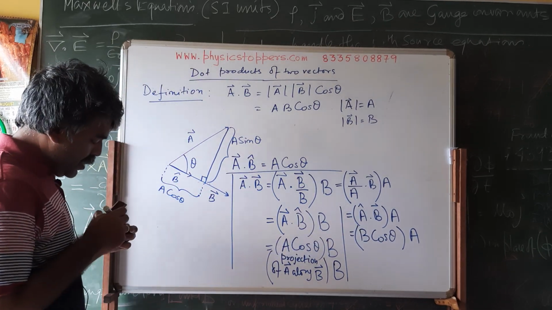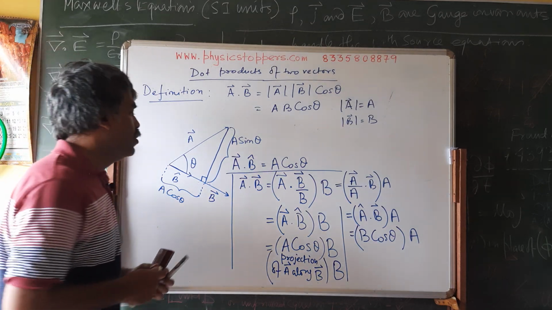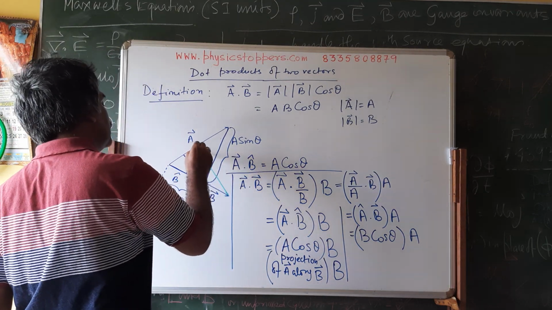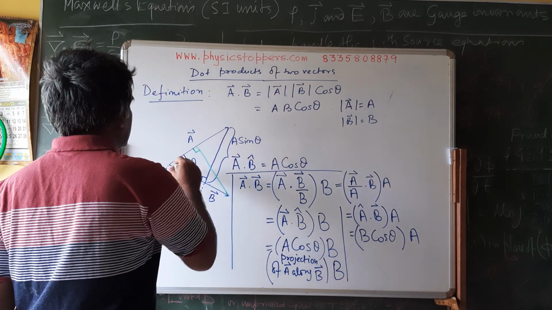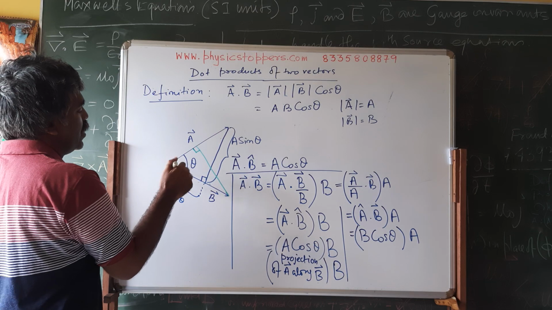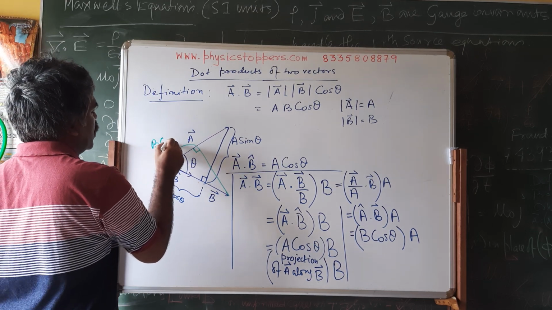If you drop a perpendicular like this, in green, this is B, and if theta remains the same, this is B cos theta.